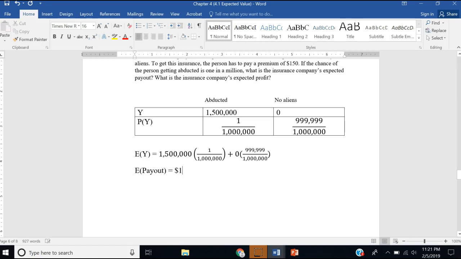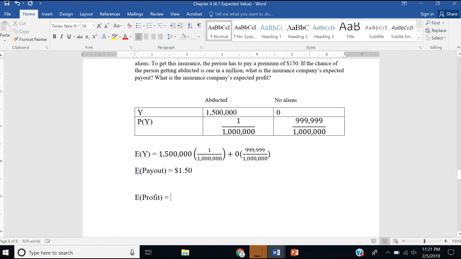So $1.50. Okay? Now think about what that means in terms of profit. If the actual chance of being abducted by an alien was 1 in a million, your expected profit would be, well, you have to pay a premium of $150.